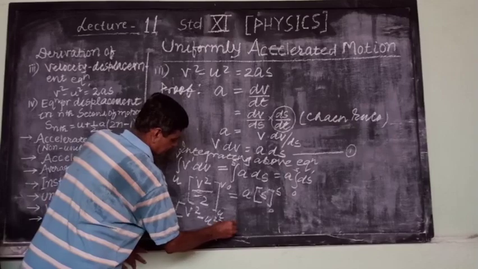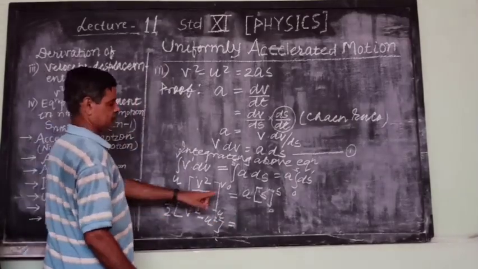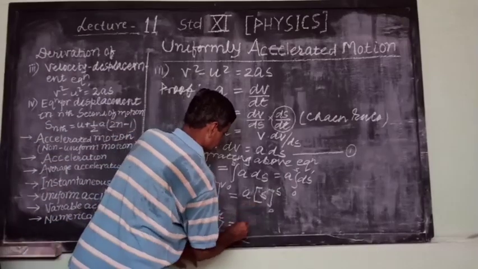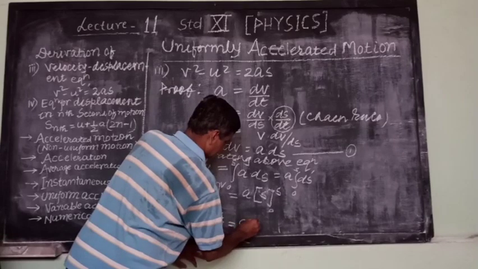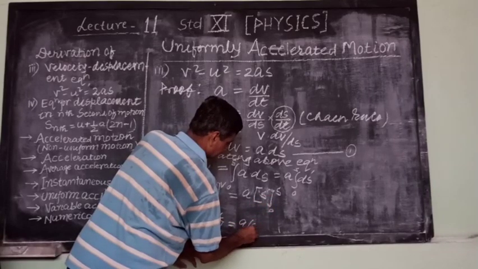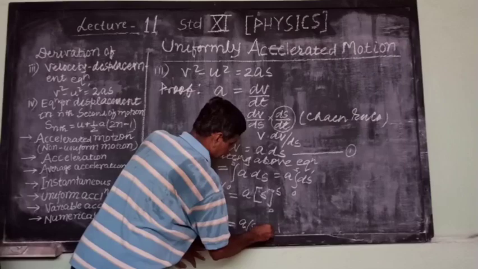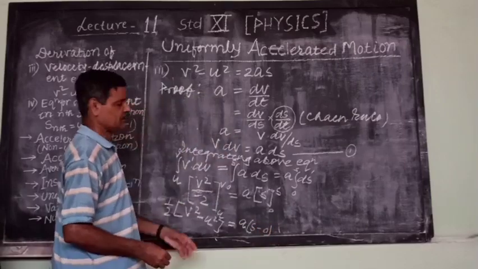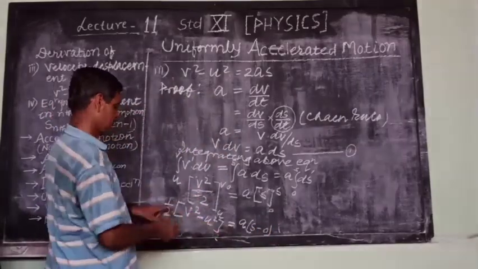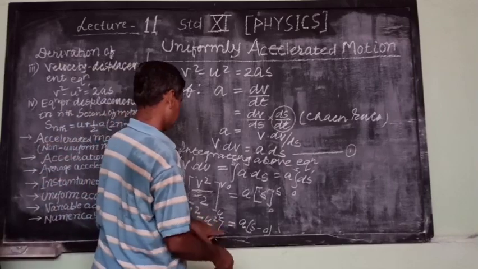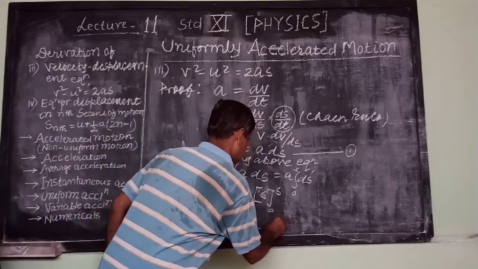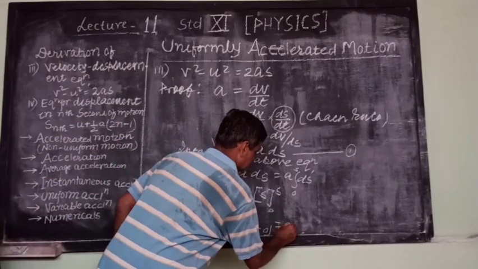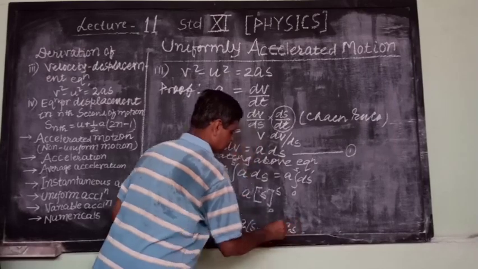This is equal to a times s minus 0. S minus 0, that is s, so it becomes a into s.